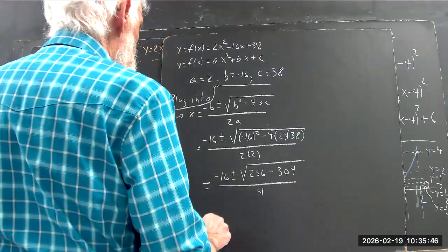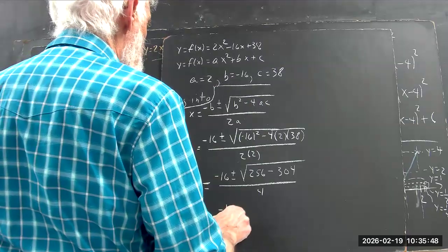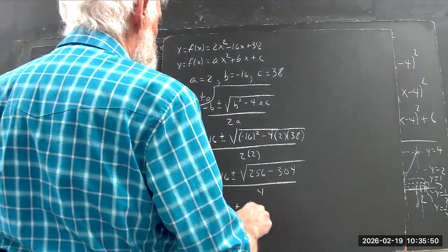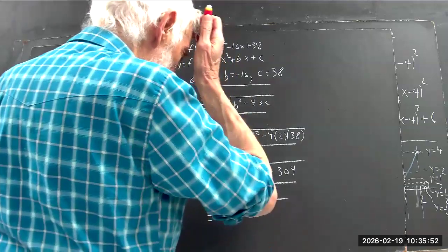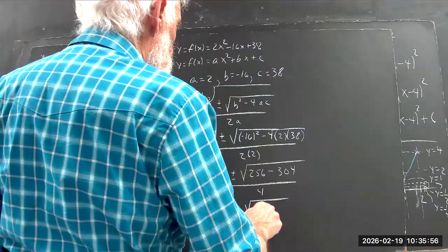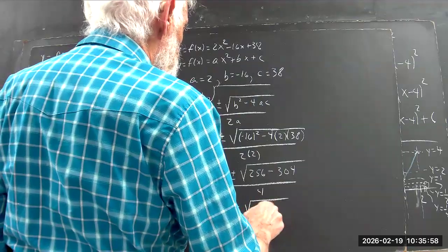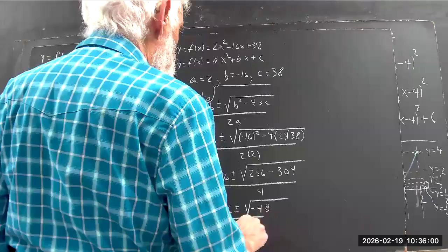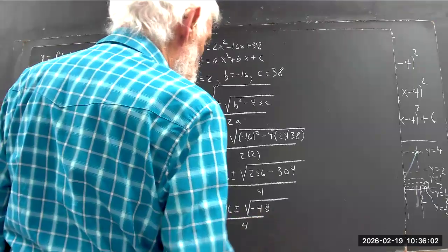Now it's going to turn out it doesn't matter too much. We have negative 16 plus or minus the square root of what? 256 minus 304 is 48, but it's negative. Again, check my arithmetic.